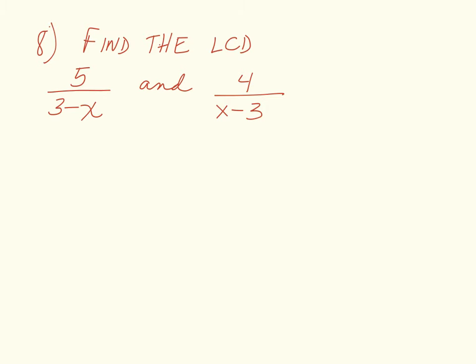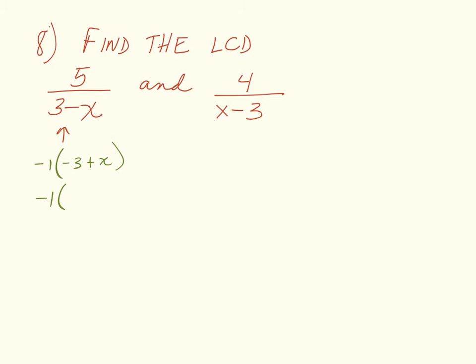Now, what you can do, and what you have to do, is factor out a negative 1 from one of them. So let's say I look at this first one, and I factor out a negative 1. Then what do I get? Well, I get a negative 3 plus x, right? Negative 1, I factored it out, and it changes the sign of each of those terms. But look at what I can do now.